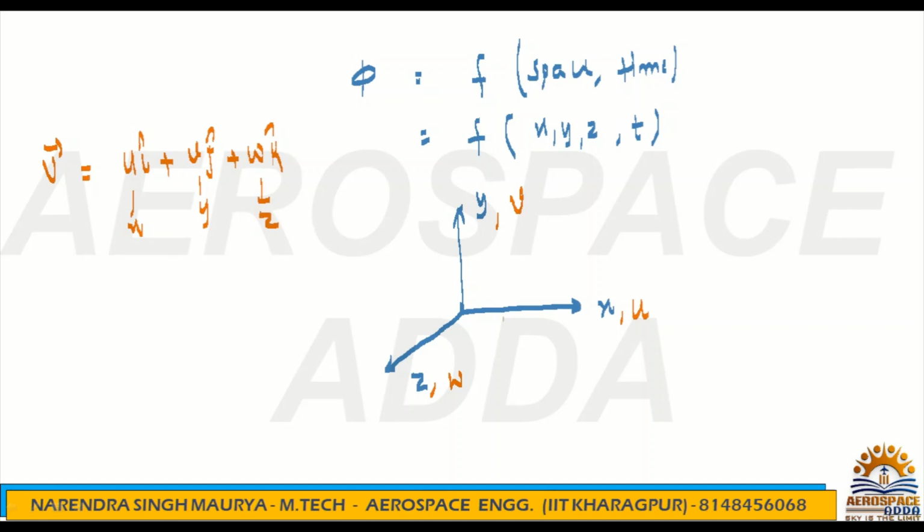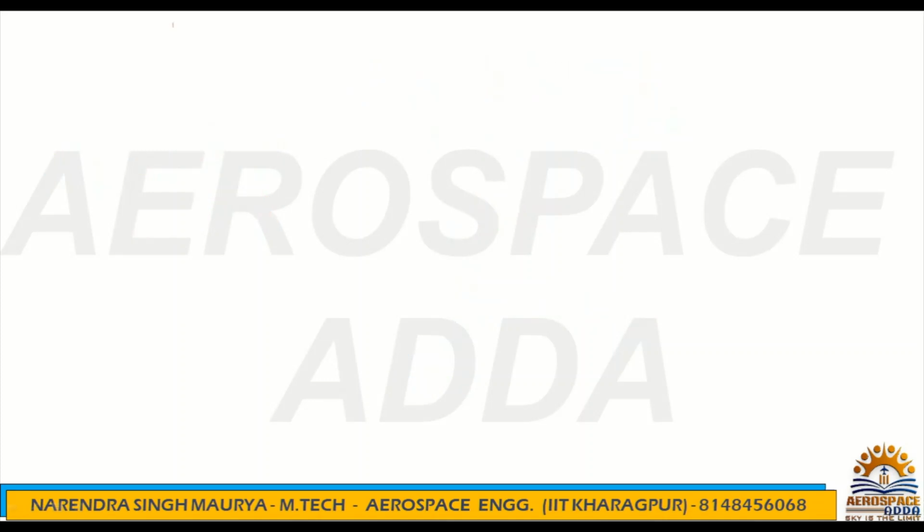And if you define the potential function, it is said that if you take the derivative of the potential function in any direction, we'll get the velocity in that direction. That is the definition theoretically. And mathematically you can write the formula also. It's very simple.